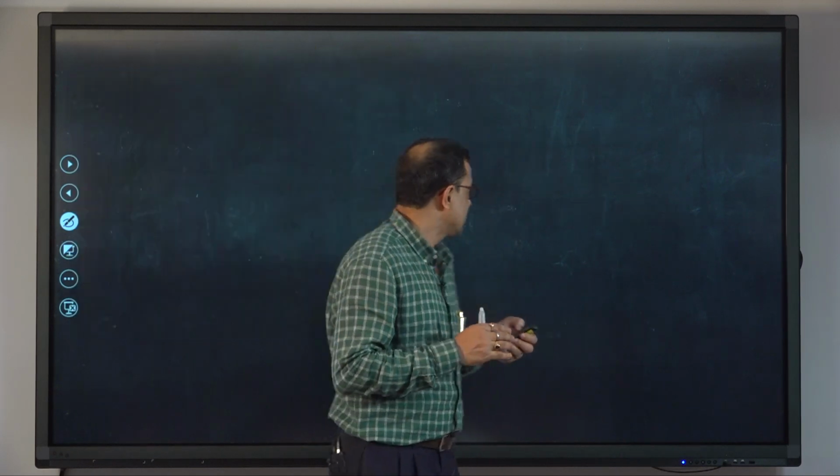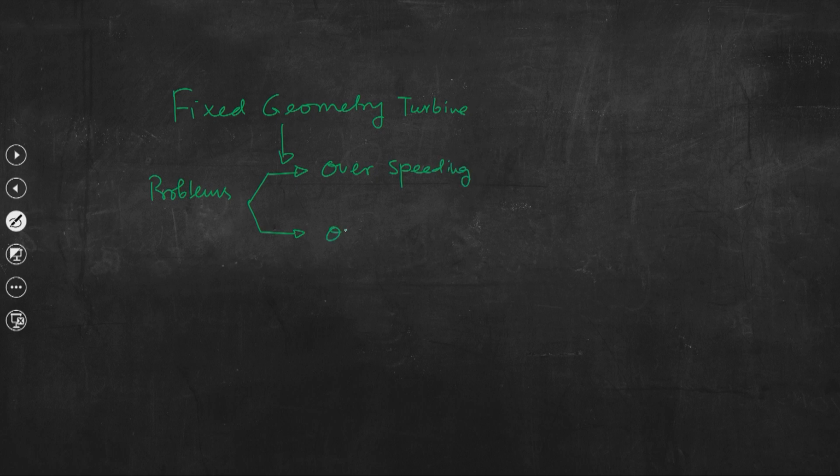So, if we go to the next slide, if we write fixed geometry turbine, there are two different problems: overspeeding and overheating.